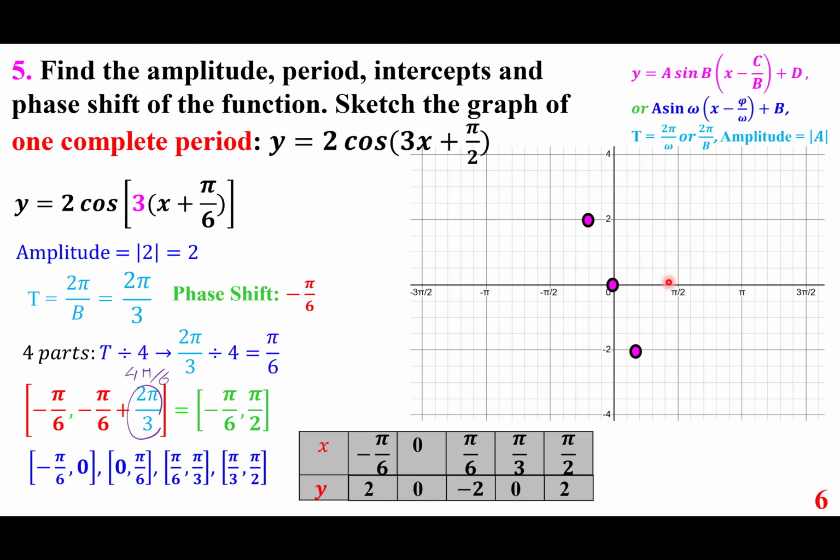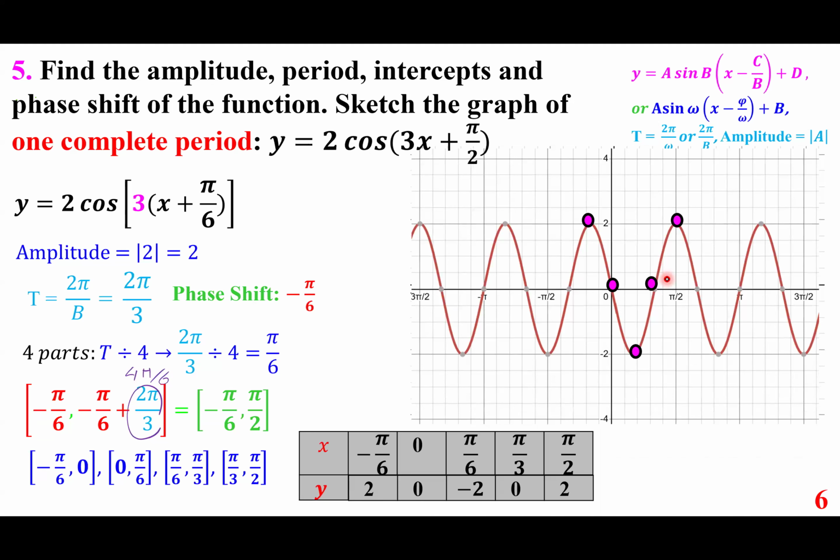And then pi over 3 is somewhere there. And then pi over 2 corresponds to 2. And that's the graph. Now, this is a complete cycle, but in case you want to continue indefinitely, you would get this one, okay? Just so we have both of them.